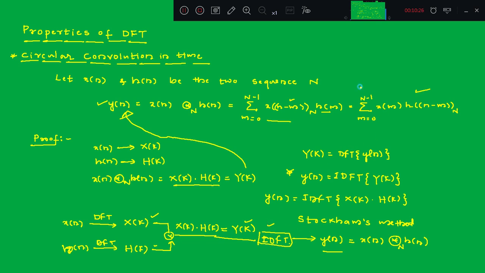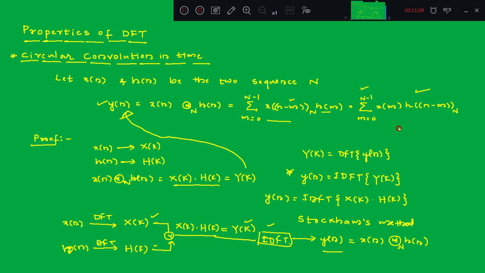And this summation formula we have is the time domain method to compute the circular convolution of any two sequences. Another method is the graphical method, where we use concentric circles, keeping one concentric circle as it is, and in the second concentric circle we circularly shift the values, and again we do element by element multiplication to get the circular convolution output.